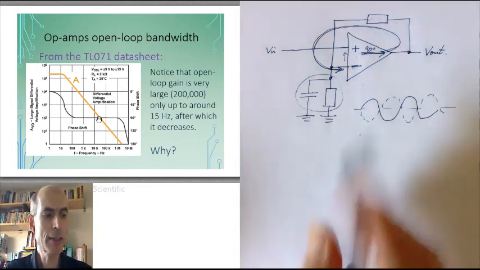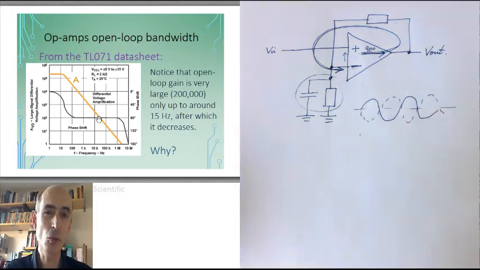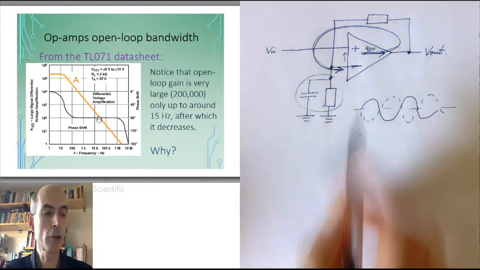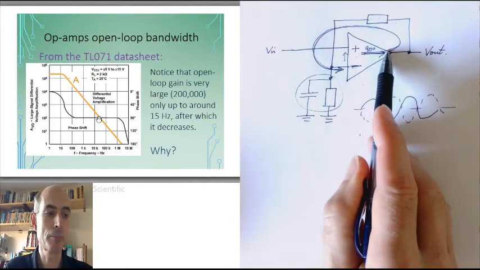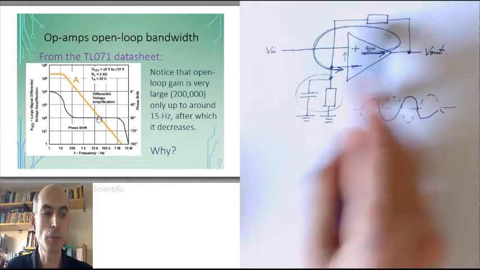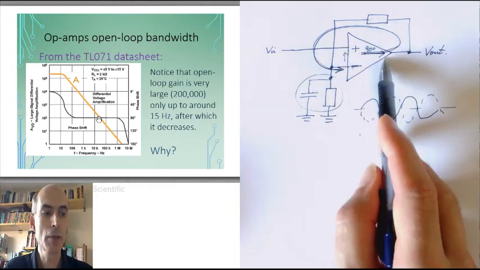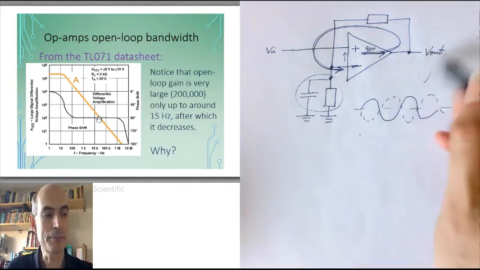Well, if the gain of the op-amp, when this happens, is greater than 1, then we no longer have a stable amplifier. We have an oscillator. Because any small amount of signal at that frequency will be amplified up as it goes round this feedback loop, getting bigger and bigger and bigger until the output is dominated by a large oscillation.